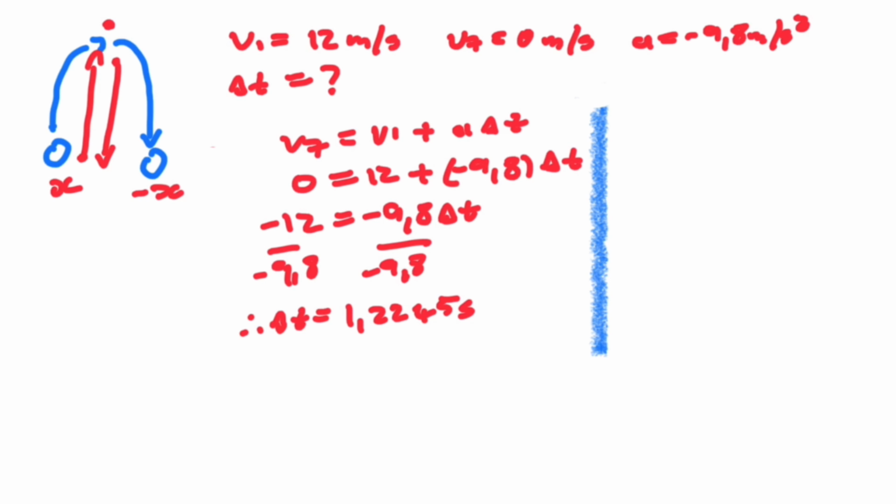What more do we need to do? Well, not much. Delta t, or the entire time for the motion, is 1.2245 multiplied by 2, which will give you 2.45 seconds. This is the entire time taken for the ball to get thrown upwards and come back down to the initial position until it is caught.